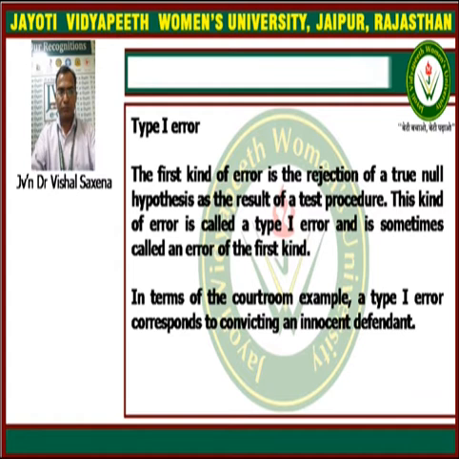It can be understood with this example: it corresponds to convicting an innocent defendant. That is the true situation with the type 1 error, where the true null hypothesis is rejected by our test.